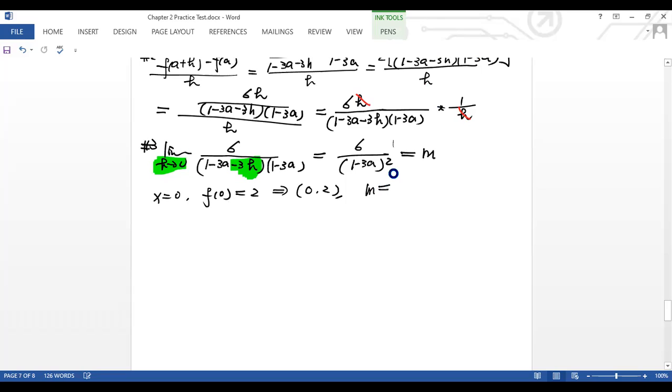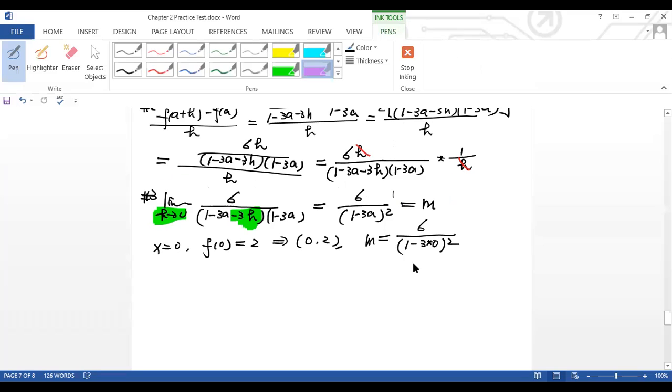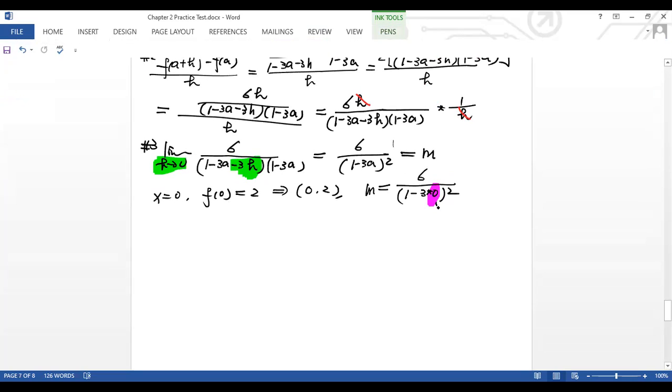When a equals 0, that means in here, the slope will be 6 over 1 minus 3 times 0, squared, right? So be careful here, right? So this is what? This is my a, right? So here, this is my a. So the 6 times, so what is here?